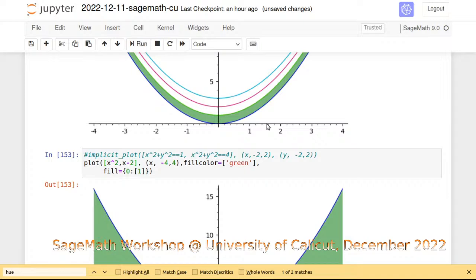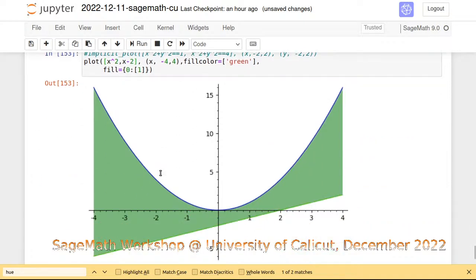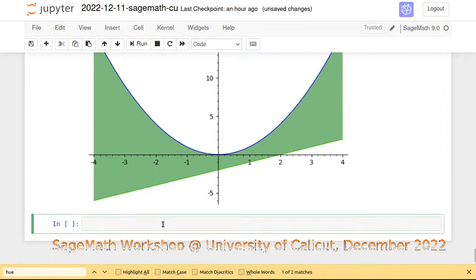Implicit plot it's easy, but implicit plot is not accepting this multiple plotting somehow. In the parametric plot, yeah, plus will work. Plus implicit plot.